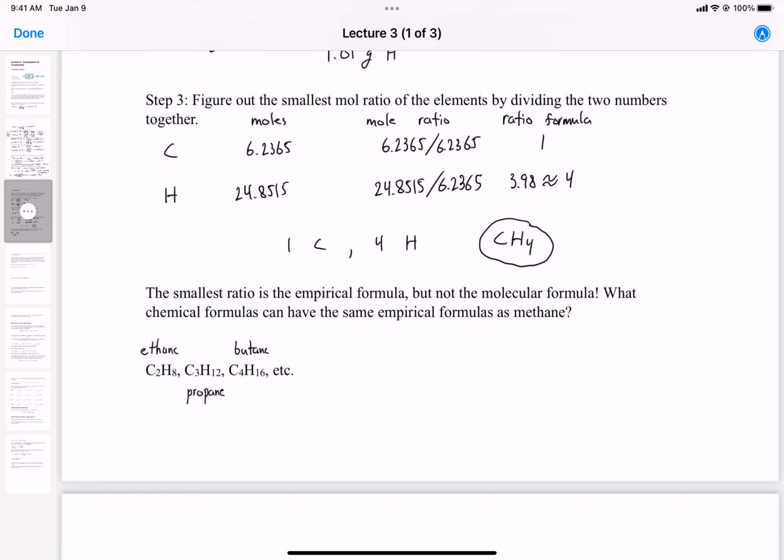You see here, they can be reduced to a simpler notation. C2H8 can boil down to CH4, C3H12 to CH4, and C4H16 to CH4, and they all have a common denominator of 2, 3, 4, respectively. Okay? So that's empirical formula.